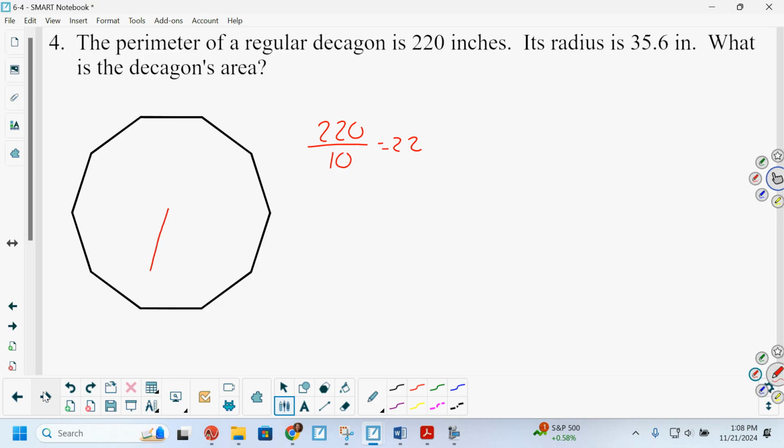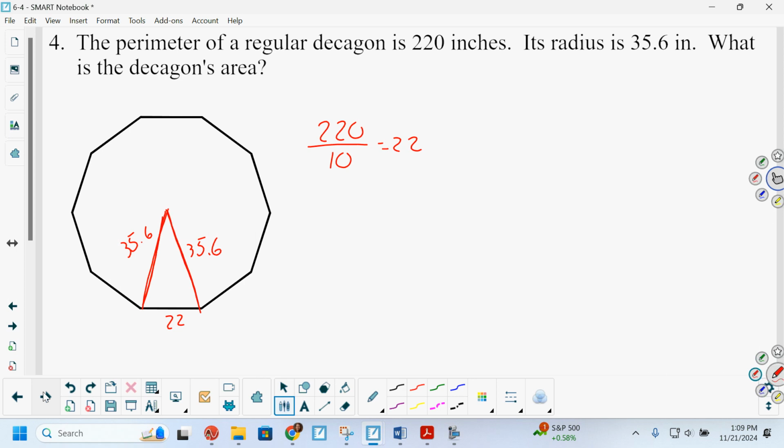All right, so draw in that triangle. This is 22. I've got the radius is 35.6. This is also then 35.6. They're actually giving me more information than I really need because I have these two sides.